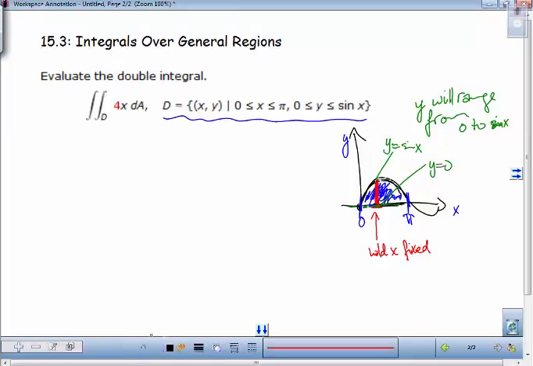And if we change the x, say go to another fixed x, you're going to go from 0 to a different y value, but it's still going to be sine of whatever that x is. Okay? So you're going to make your bread slices, and your bread slices are always going to be from 0 to sine x.